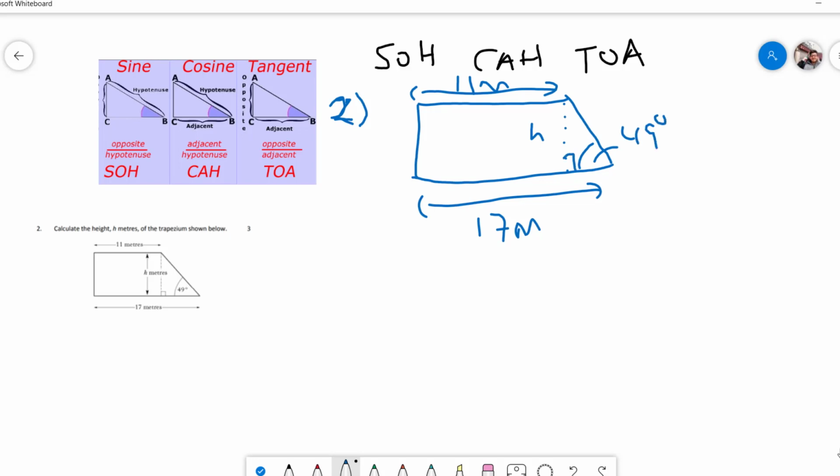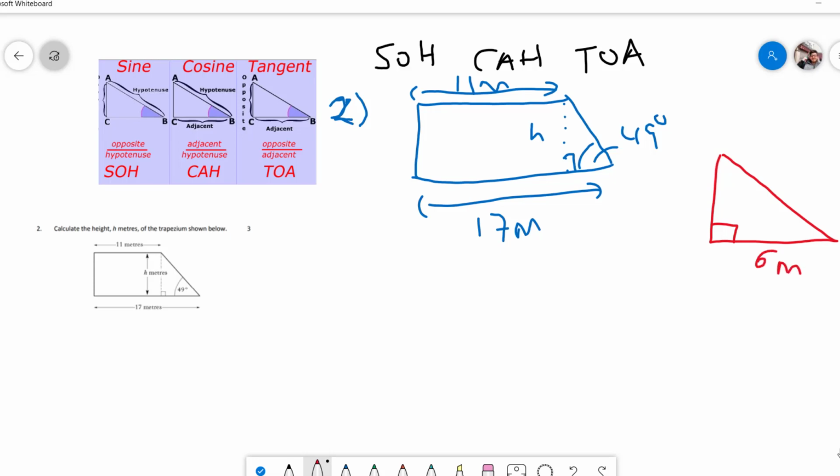And that there is a right angle triangle. I'm going to draw that right angle triangle just so it's easy to see. So now, what we know is the bottom length of the trapezium is 17 and the top length is 11. So that means that triangle, the base is simply 17 minus 11, which is 6.